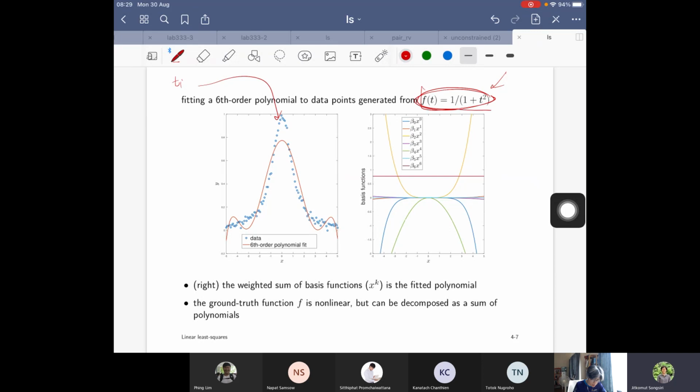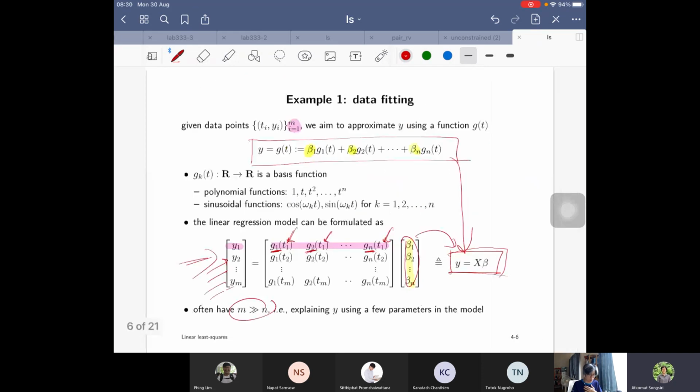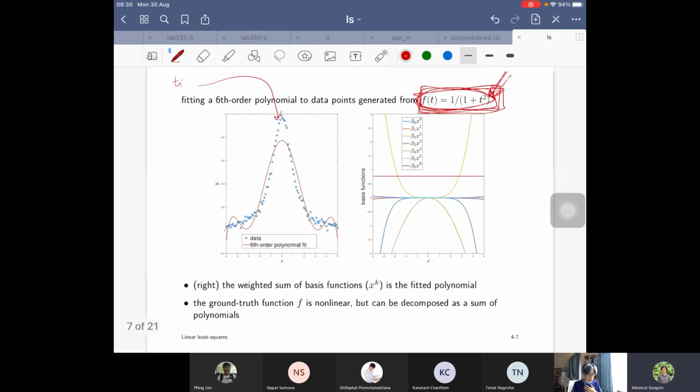And I pretend that I didn't know before that the data points were generated from this nonlinear equation. As a user, when I estimate the model, I'm not supposed to know this. But then I have an assumption: how about trying the elementary basis function polynomials? I want to explain the blue dots by a polynomial function.